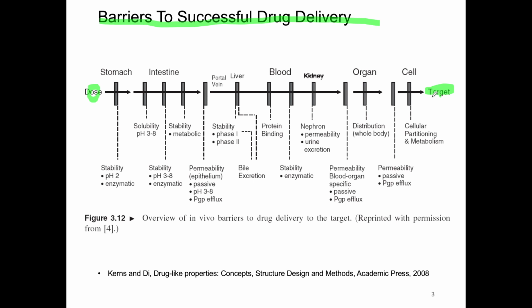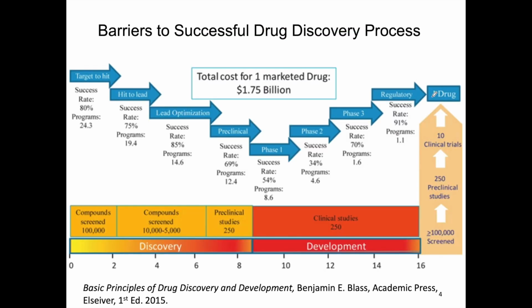But there are other barriers to drug delivery and drug discovery. And these relate to the more financial and bigger picture barriers of drug discovery. So this slide is all about getting to the top right hand side again. The idea is to try and generate a drug, and a drug that is approved for a particular indication.